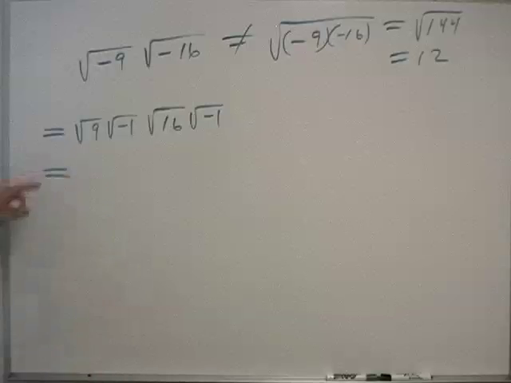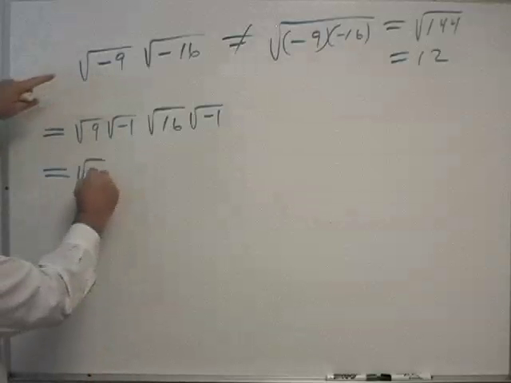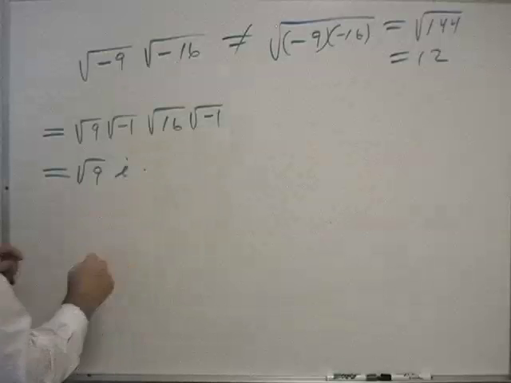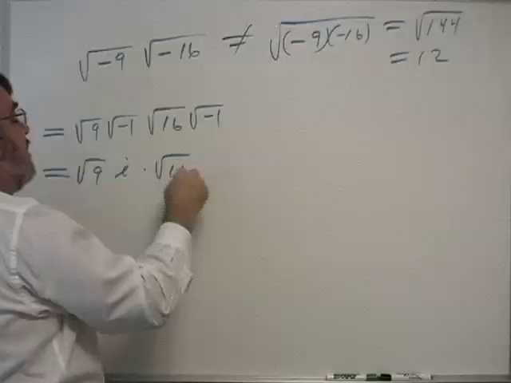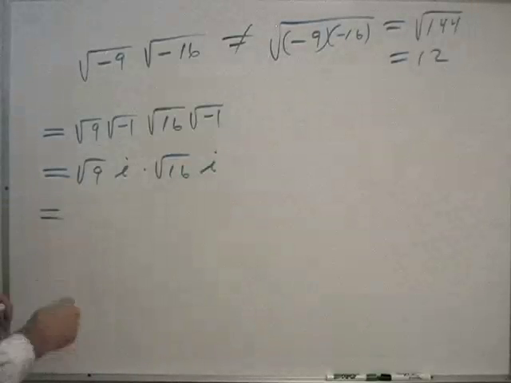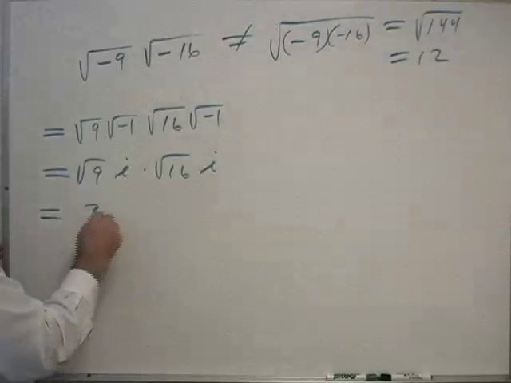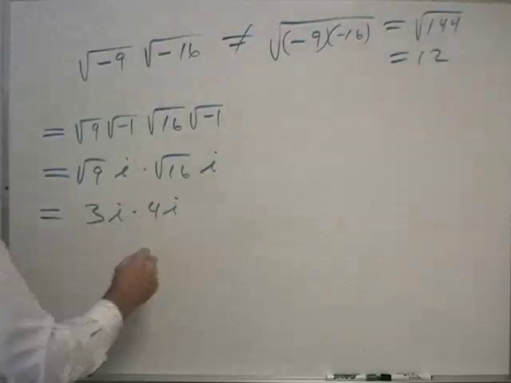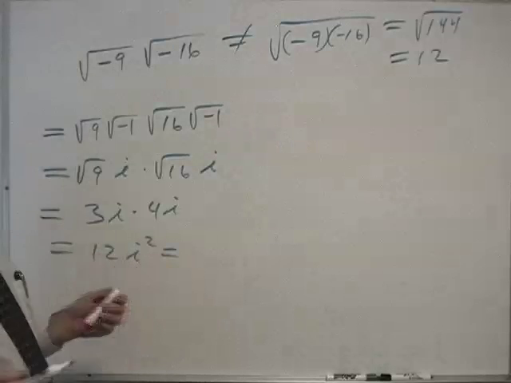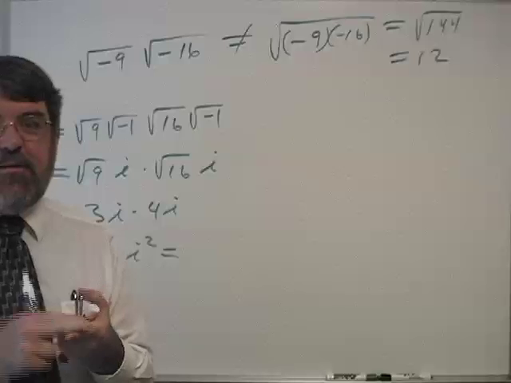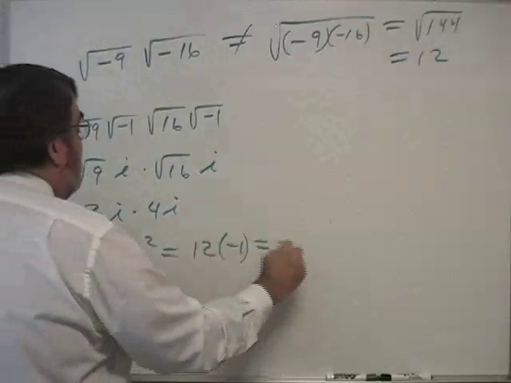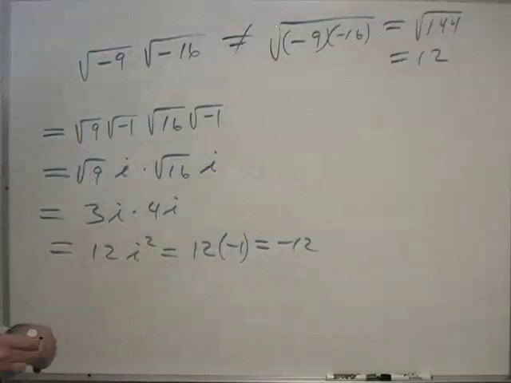In other words, this becomes the square root of 9 times the letter i, and the square root of negative 16 becomes the square root of 16 times the letter i. And so what do we have? We have 3i times 4i, which is 12i squared. And there we go. We've defined i squared to be negative 1. So this is really 12 times negative 1, which is negative 12.